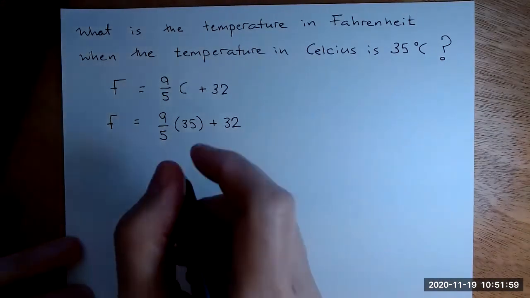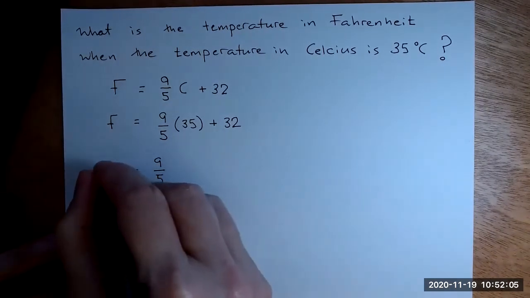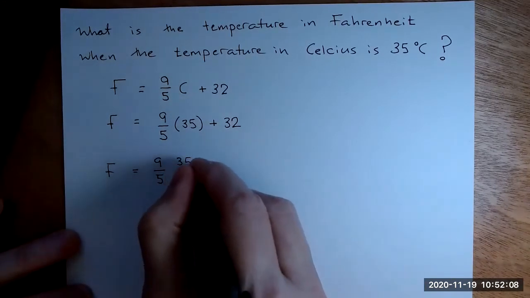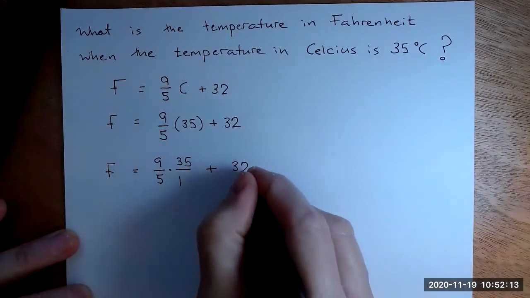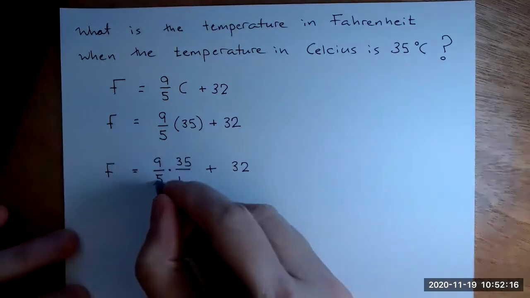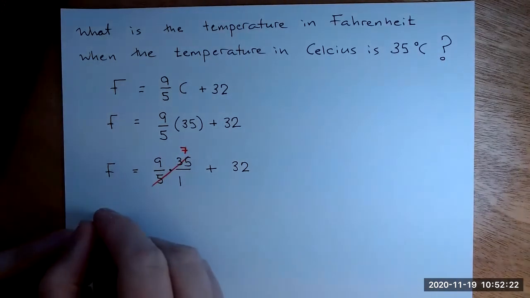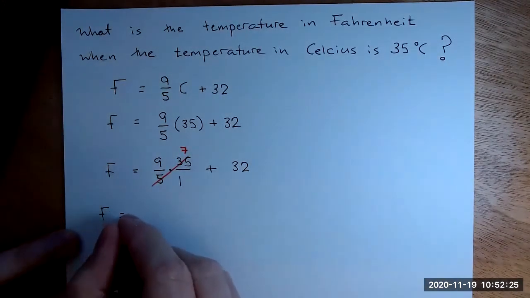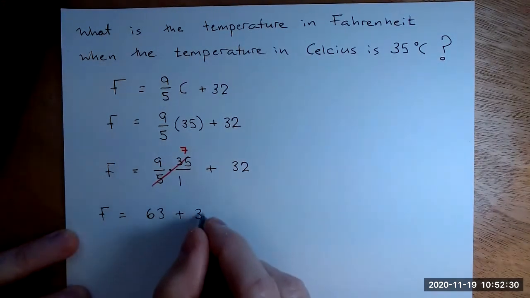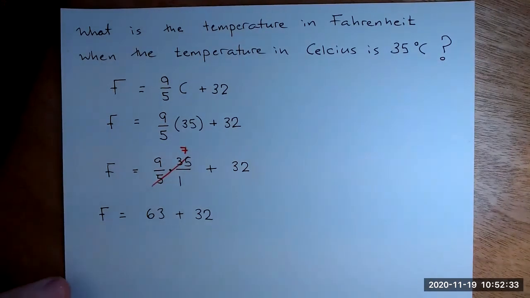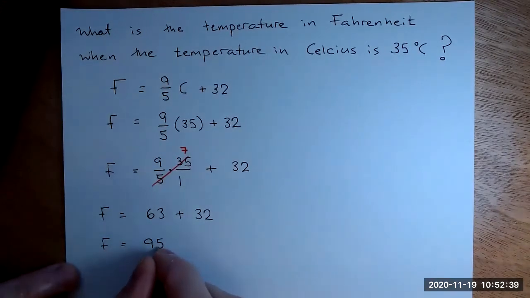All right. So 35 is the same thing as 35 over 1. 5 goes into 35 7 times exactly. 9 times 7 is 63. 63 and 32 make 95.